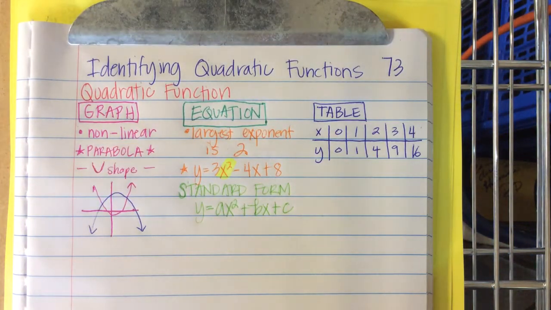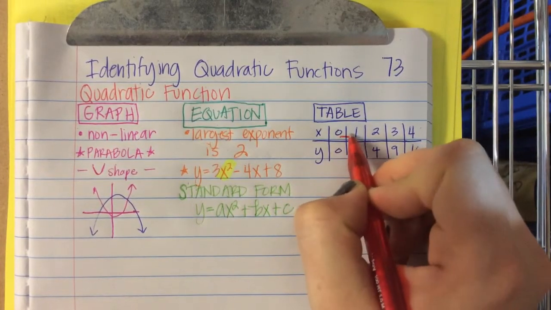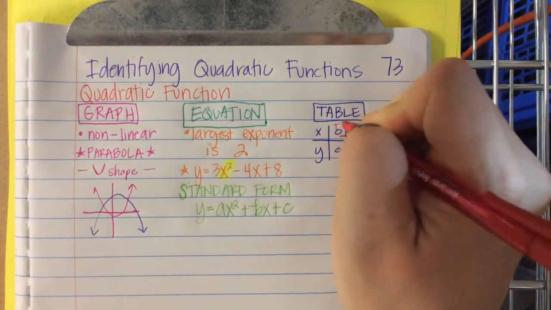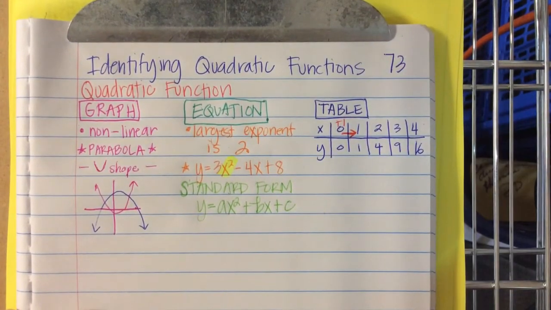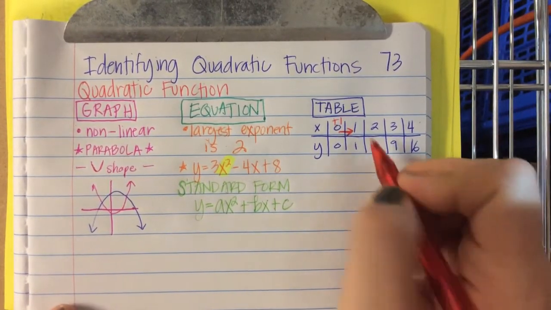So in order to see if it works, we have to see, is the change the same? To go from 0 to 1, you add 1. A lot of the stuff we've already done.